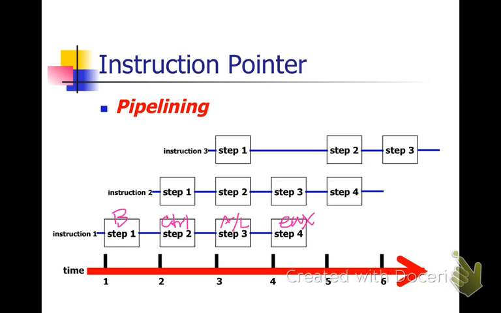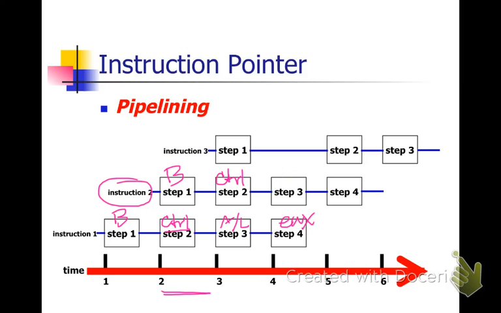While instruction 1 is going in each one of these time slices, notice in time slice 2, I've already fetched instruction 2. That means in time slice 2, while instruction 1 is using the control unit, step 1 of instruction 2 can use the bus, and then can use the control unit, and then maybe go back on the bus, and then maybe go to, well, let's not do the bus.